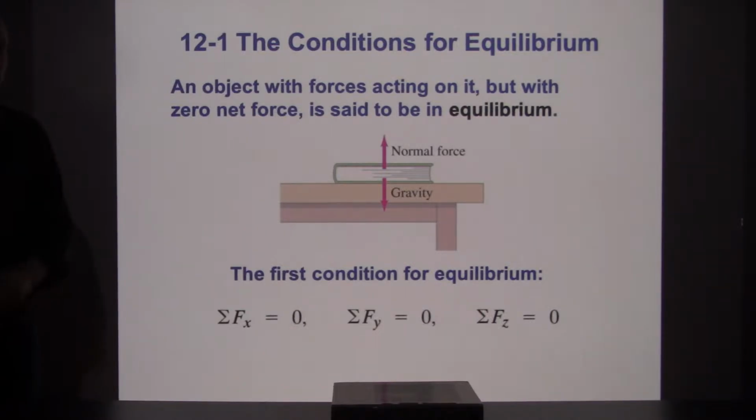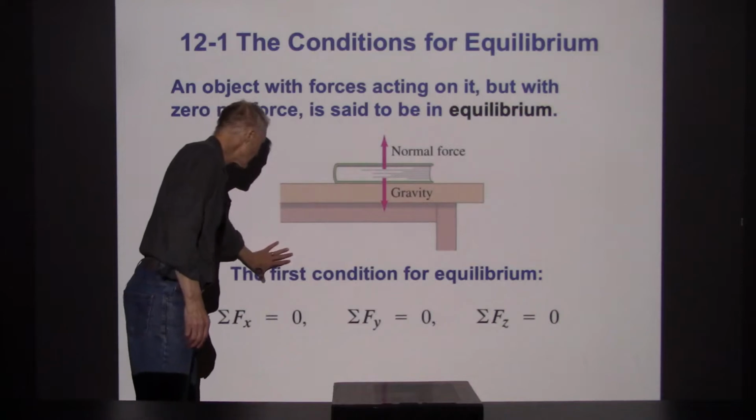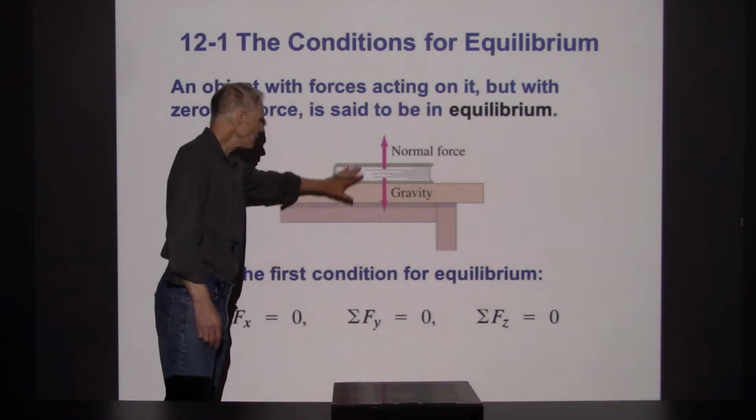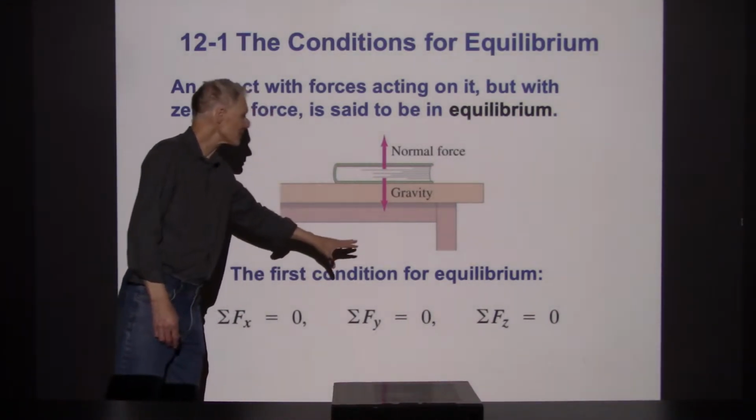The object is already at rest, so if it's not accelerating, it's going to stay at rest. So the first condition for equilibrium would be to have all of these forces cancel out.